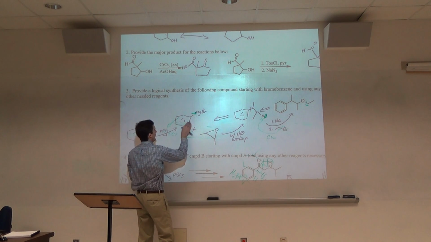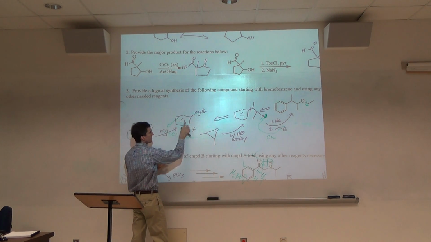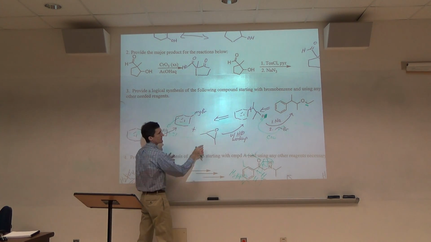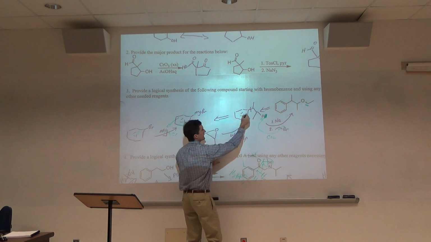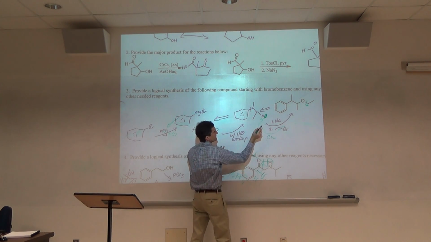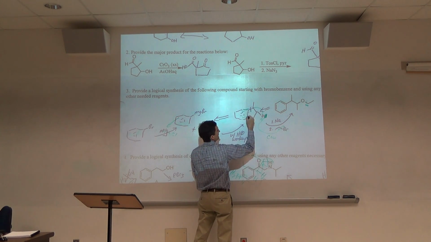Yes. I can make that bond there by bringing in this nucleophile and this epoxide. Make this bond here. This came in, kicked off the oxygen. So if we back it up, the oxygen used to be bound there. And that was gone.